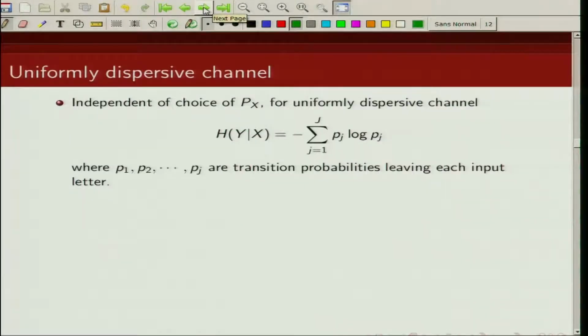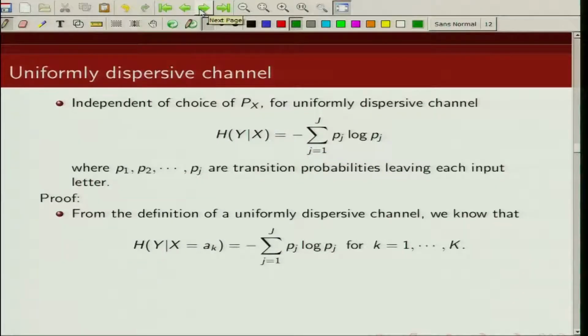Now, for a uniformly dispersive channel, independent of the choice of input distribution, we can write the uncertainty in y given x as the summation of minus pj log pj, where these pj's are the transition probabilities leaving each input letter.